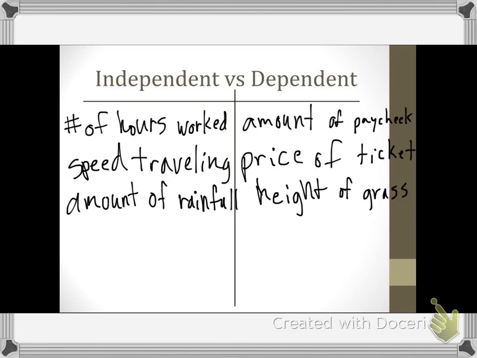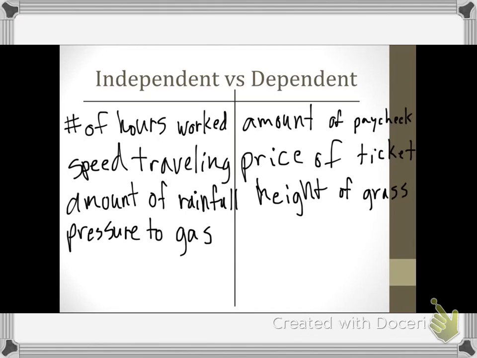A couple more examples here. To drive a car, you have to apply pressure to your gas pedal to make it move forward. The more I push down on the gas pedal, the faster the car is going to go. If I let off the gas pedal, the car is going to slow down. So our independent variable in this case is the pressure applied to the gas pedal.